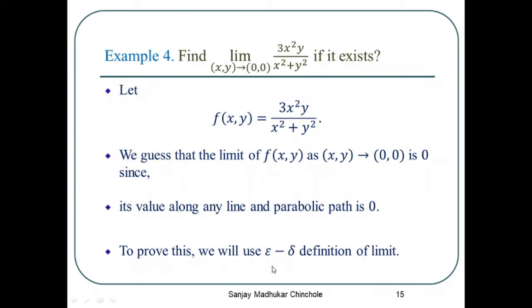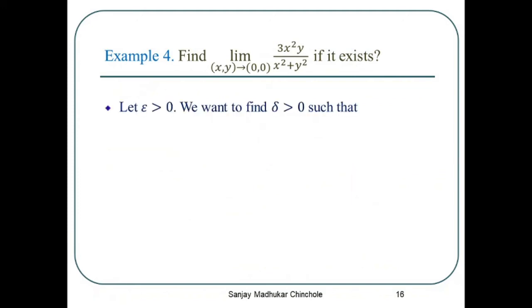To prove this, we have to use the epsilon-delta definition of limit, because guessing is not a proof. We have to prove this using some criteria. Here we have to use the epsilon-delta definition of limit.